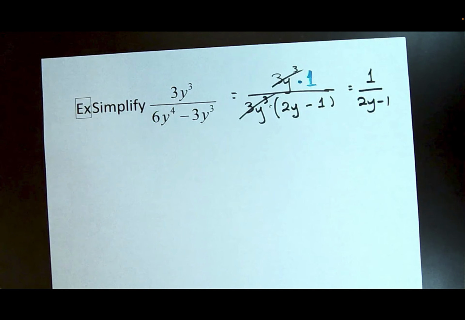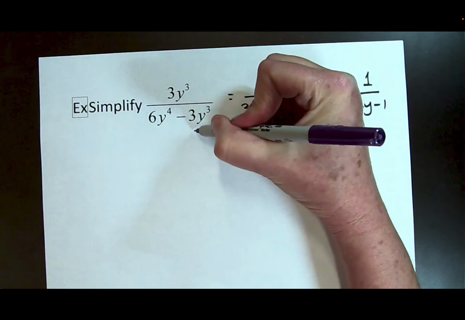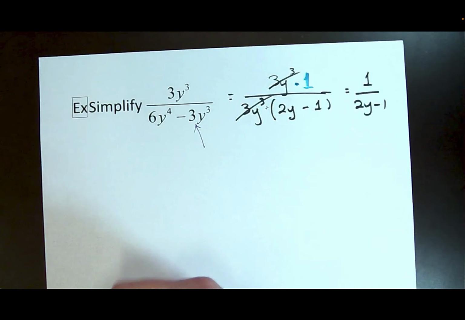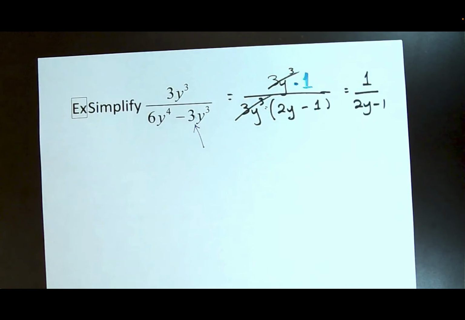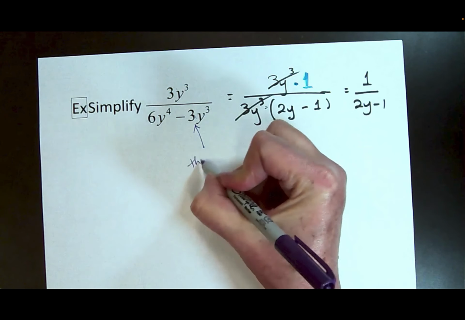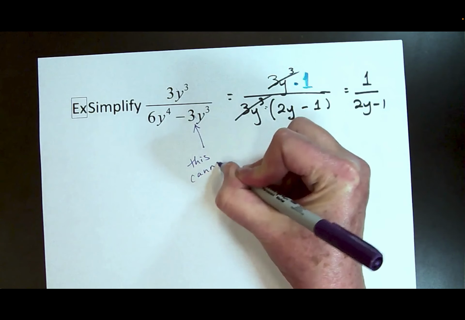Now, I want to caution you about a very common mistake, and that's why I've been so painstaking to talk about why it is that we can do this crossing things out. A common mistake is to, right here, cancel the 3y cubed with the 3y cubed. And the problem is that this 3y cubed that I have there cannot be canceled.